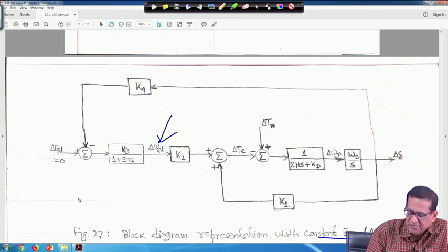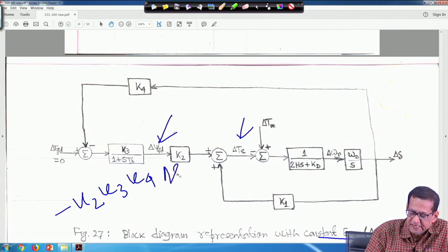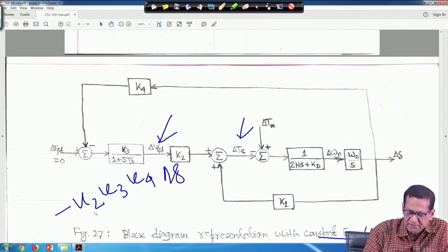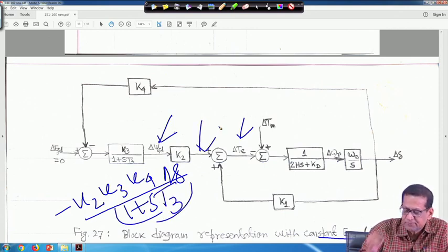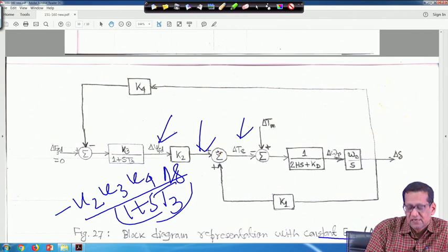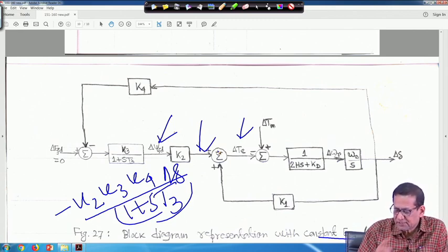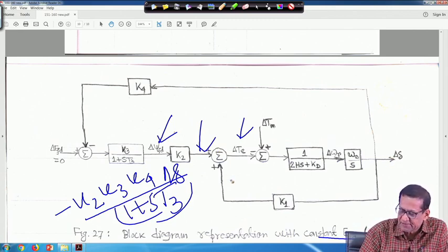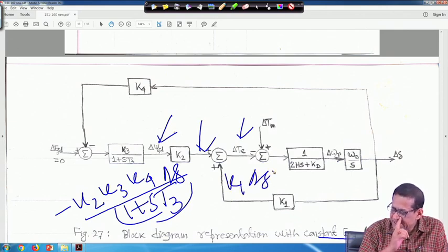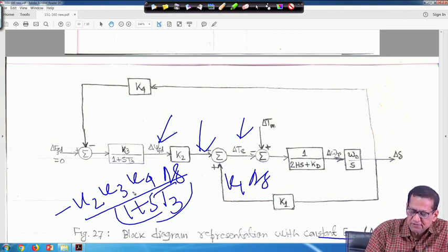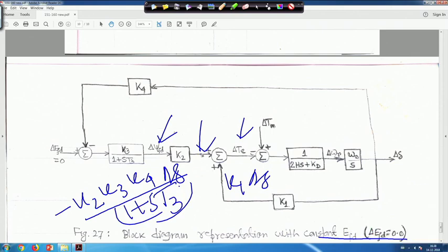Basically, it will be minus k2 k3 k4 and delta delta, because delta Efd is 0, divided by 1 plus S T3. This is the input to this point. On this side, it is coming k1 delta delta. That is why due to delta psi fd, this is minus k2 k3 k4 upon 1 plus S T3 delta delta.